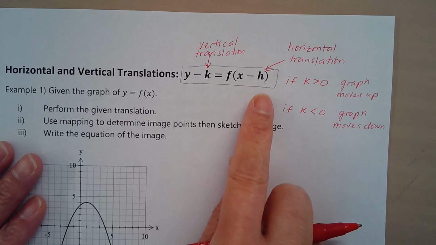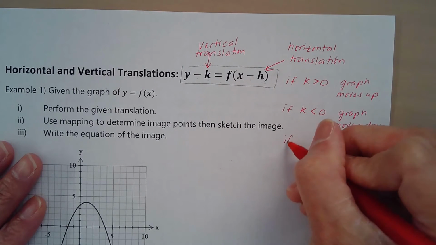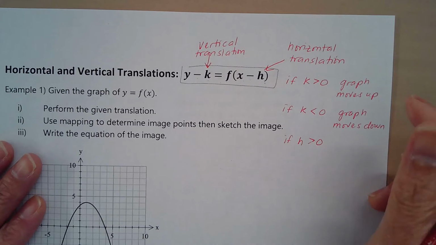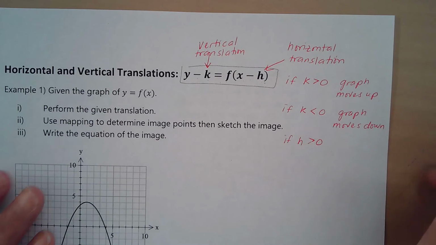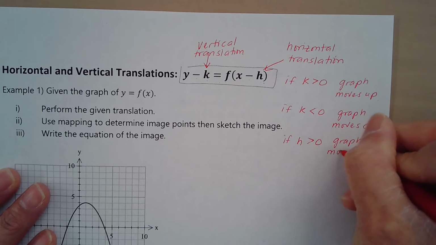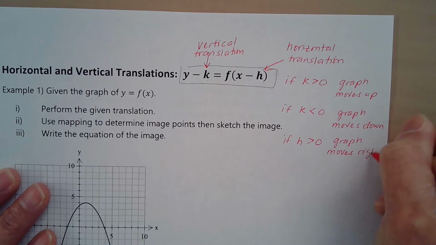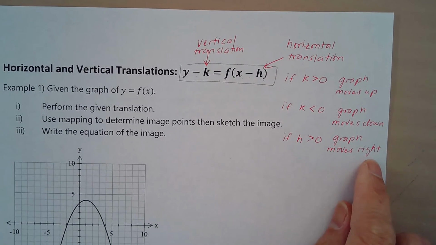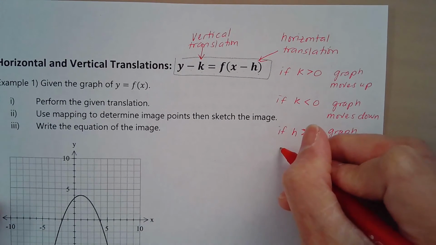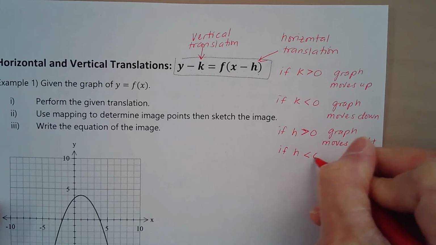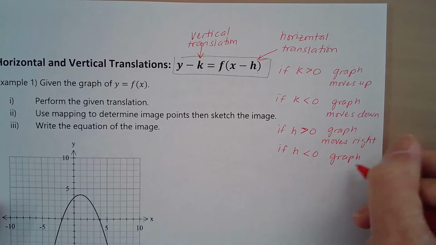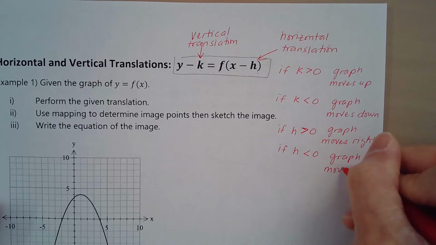Now what about the h? If h is greater than 0, that means it's positive. It's gonna move to the right, translate to the right. Now, if h is negative, it's gonna move left.